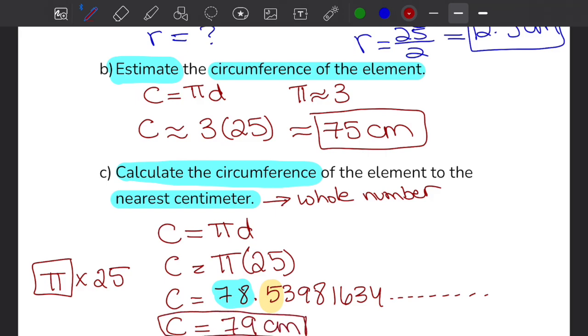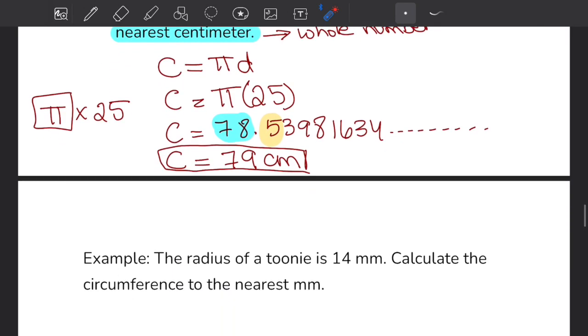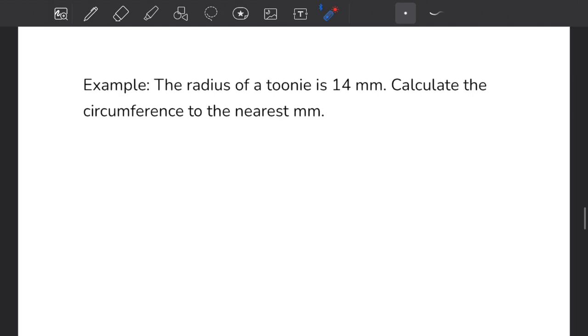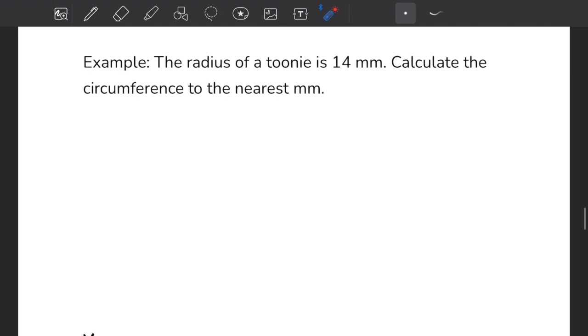This is the circumference of our circle. Let's compare it to our estimate. They should be close to one another. We got 79 centimeters for our circumference, and our estimate was 75. So those are very, very close to one another. In the next video, we're going to go over additional examples on how to calculate circumference when we have the radius or diameter.